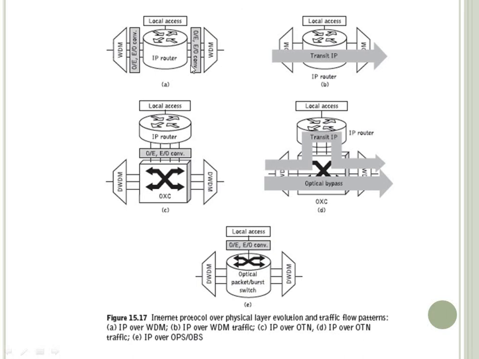Hence the entire traffic is processed in the router at the packet level after converting the optical signals to the electronic domain and extracting the packets from the signal stream. Therefore, most of the traffic processed by the router is transit traffic as shown here.